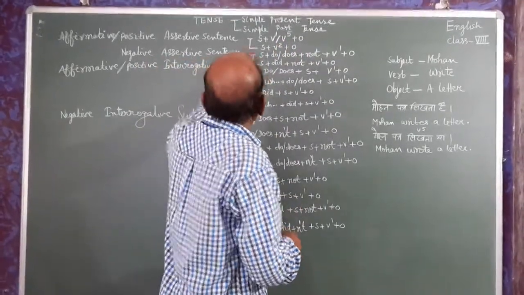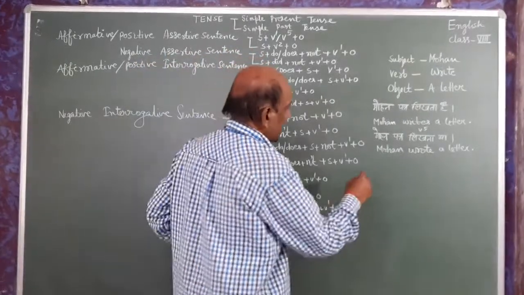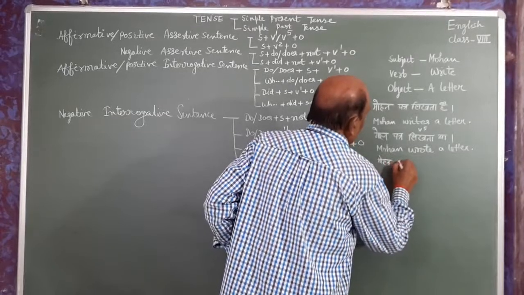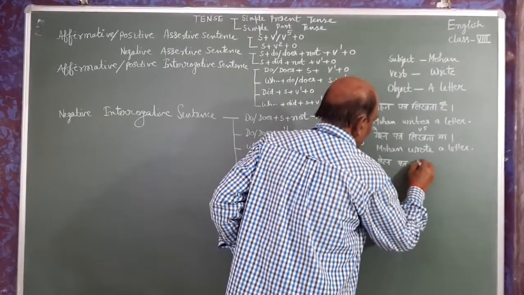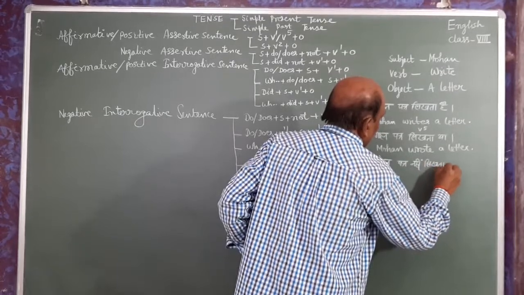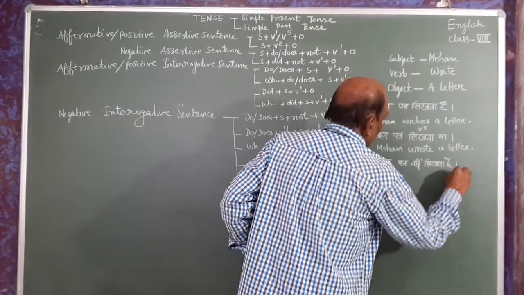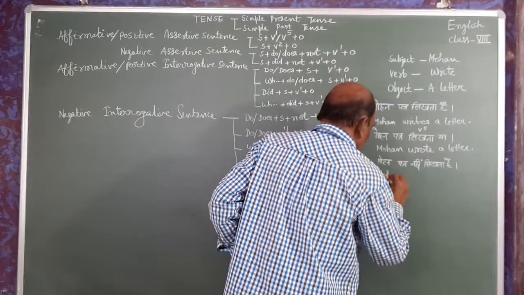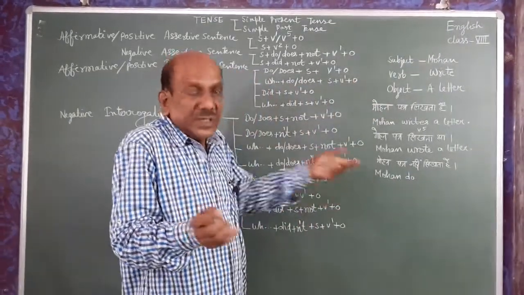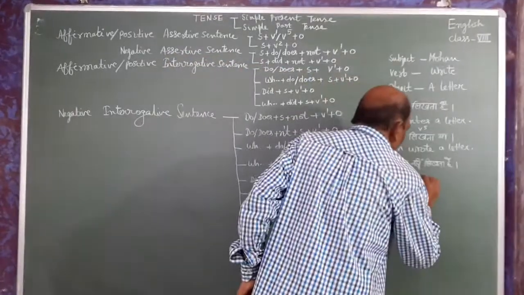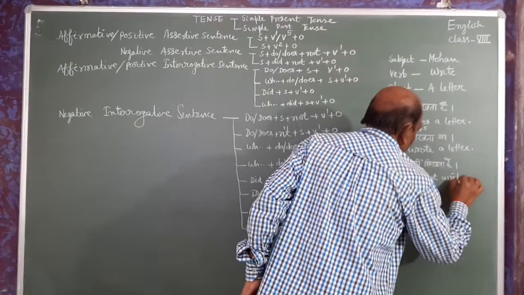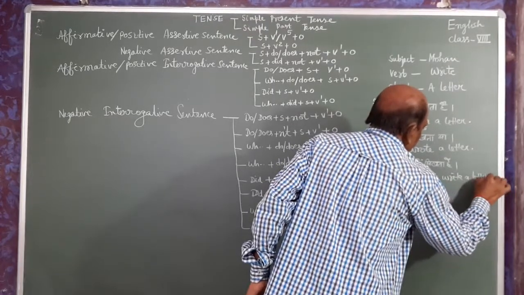Now come to the negative assertive sentence. In Hindi it will become Mohan patra nahin likhta hai. So it will become Mohan. We can't write do because it is V1. So Mohan does not write a letter.